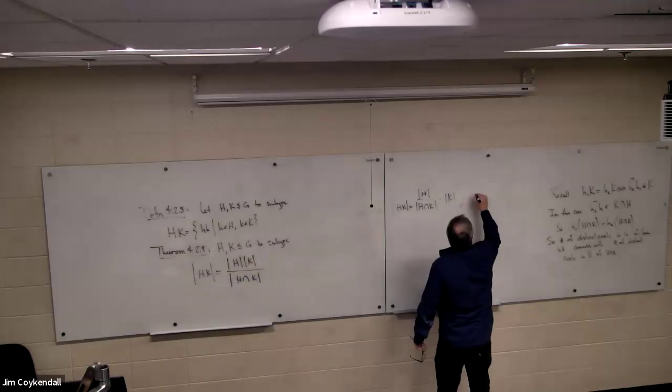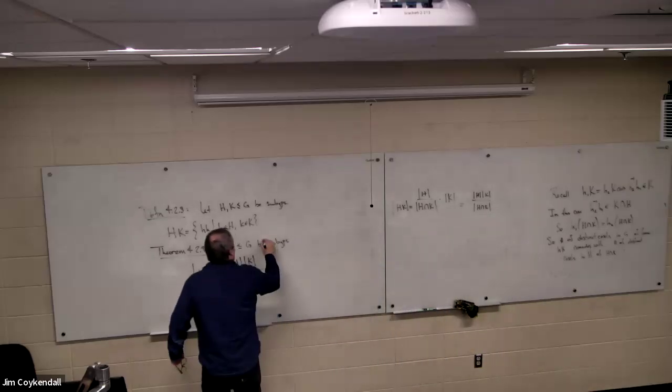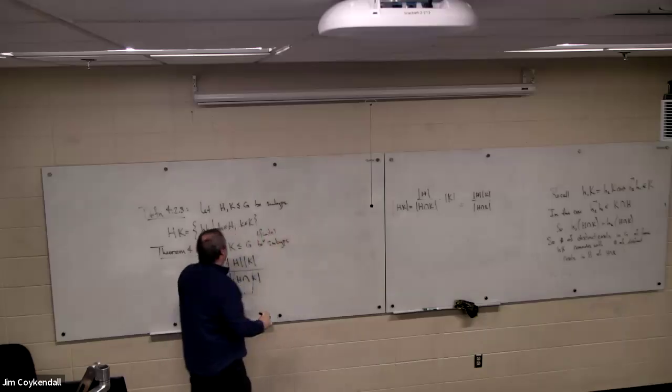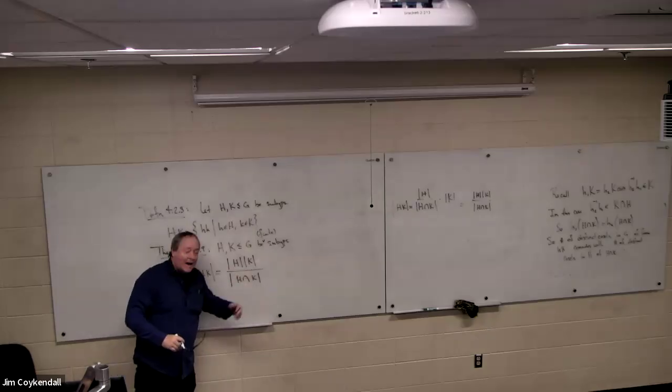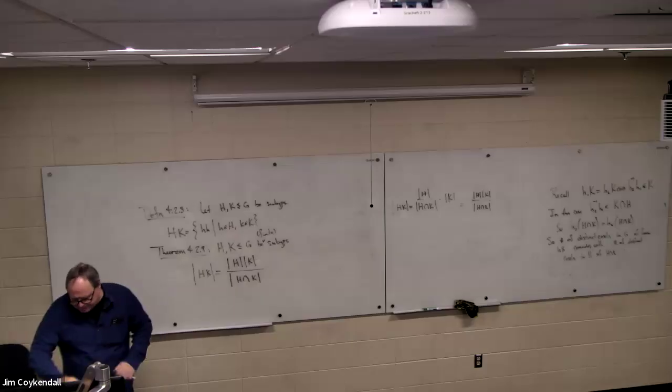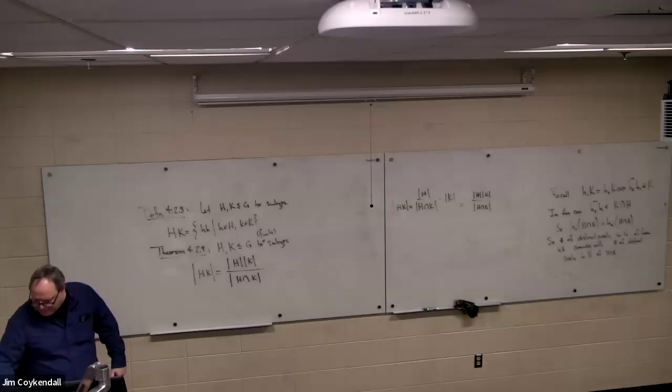And of course this is the size of H times the size of K over the size of H intersect K. Here, I was implicitly assuming the entire time, of course, that H and K are finite, because otherwise it doesn't make any sense for me to divide. Okay, any questions on that?